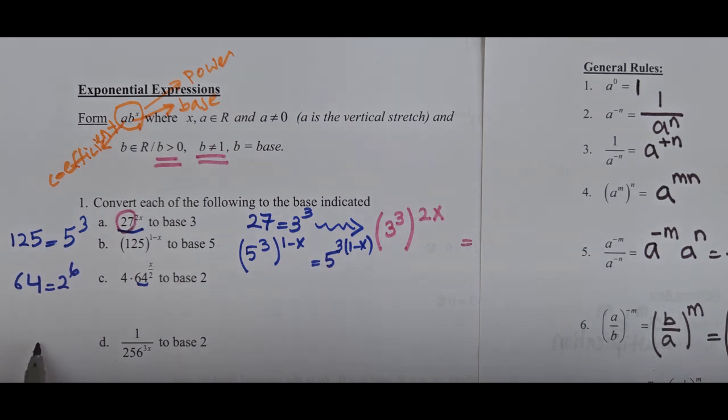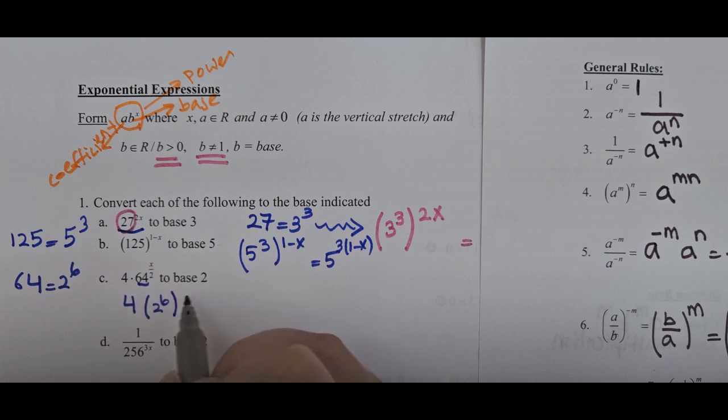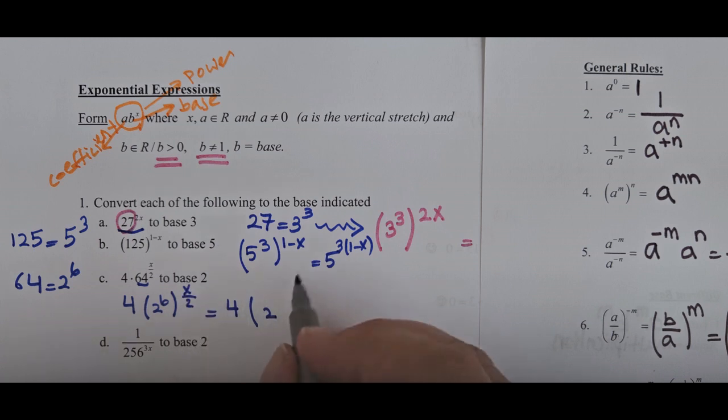So 64, I just expand this. So 4 times 2 to the power 6, replaced, all to the power x over 2. So 4 multiplied by 2 to the power 6 times x divided by 2.